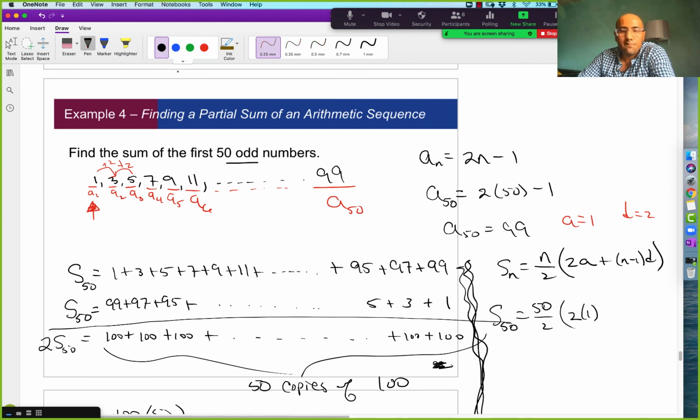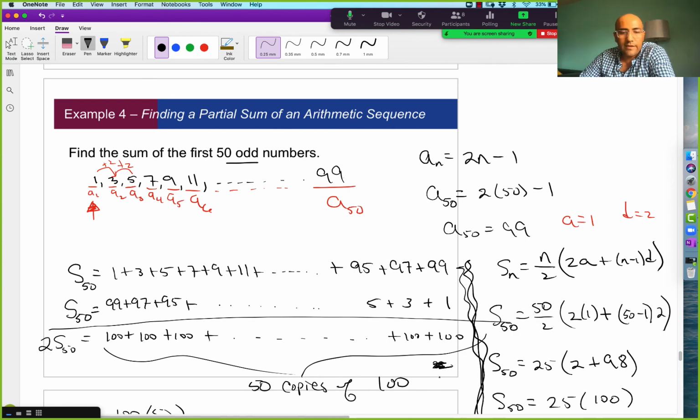Okay? So plugging it into here, we get this. We get 50 minus 1 times 2. So S sub 50 is going to be equal to 25 times, and this is going to be 2 plus 49 times 2 is 98, which gives me S sub 50 is equal to 25 times 100.